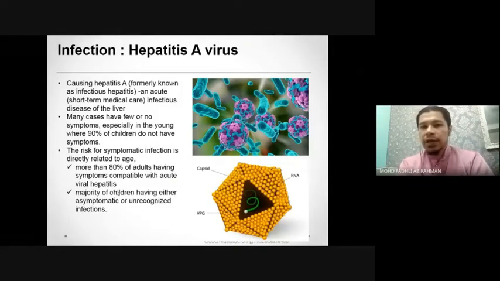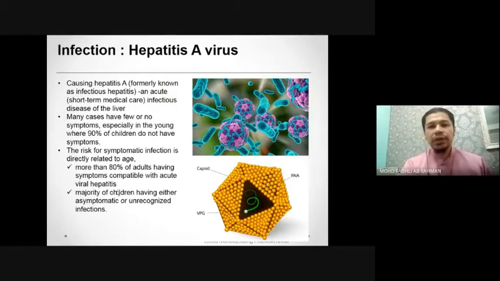It is an acute or short-term infectious disease of the liver. It attacks the liver of humans. Many cases have few or no symptoms, especially in the young, where 90% of children do not have symptoms.